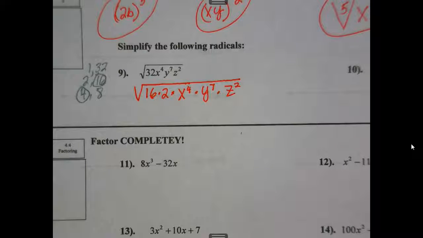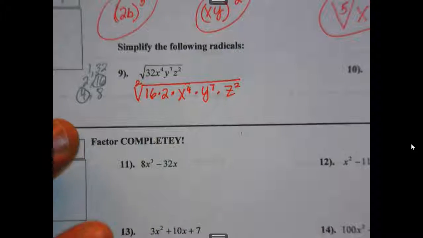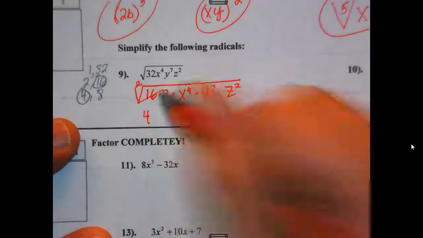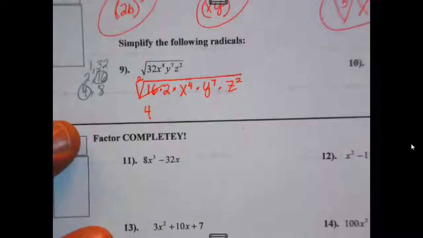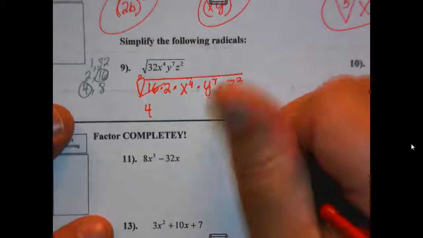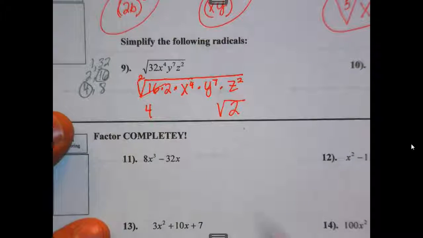All right, now remember that's a square root. What's the square root of 16? We're done with the 16. What's the square root of 2? There is none. So I'm going to put it over here. Square root of 2. Okay, takes care of my 2.